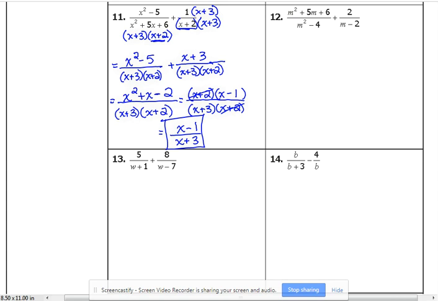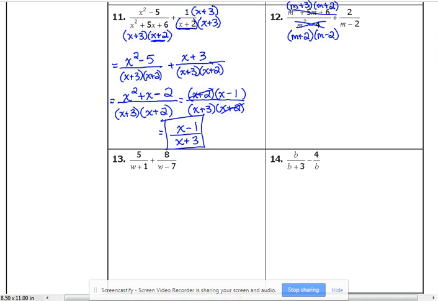Okay, let's look at number 12. Okay, first denominator, what we got? Difference of perfect squares, m plus 2 times m minus 2. Now, before we go any further, check out that numerator. Can we factor that numerator? Yeah, we can. Now, I haven't asked that question up until now because all the other numerators up to this point have not been factorable.